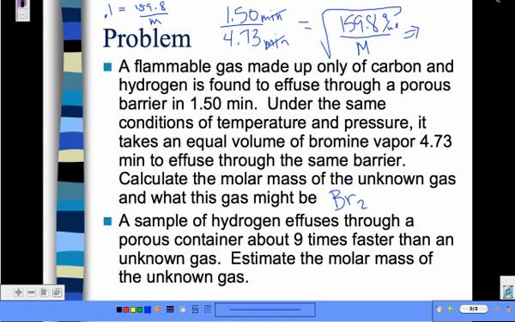I thought it took longer if it had a bigger molar mass. Yeah, something doesn't seem right on that. 1,000 seems so big. Did we do that right?